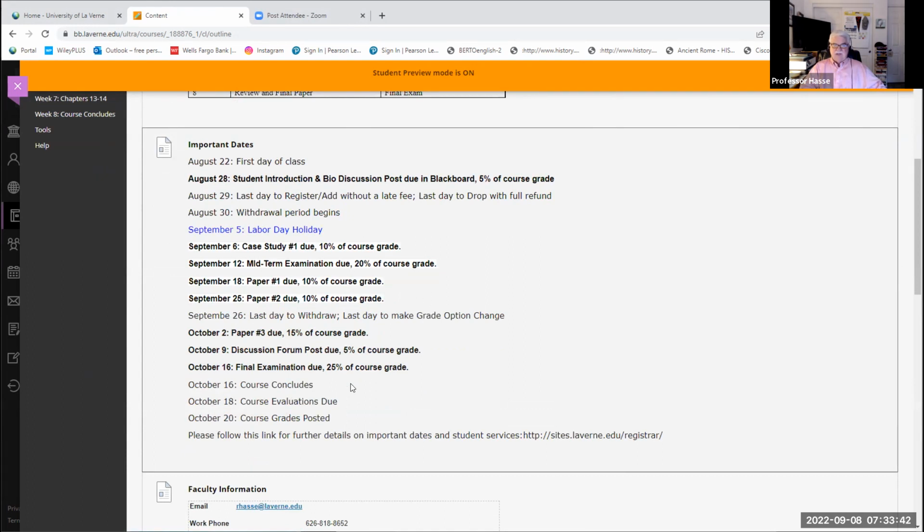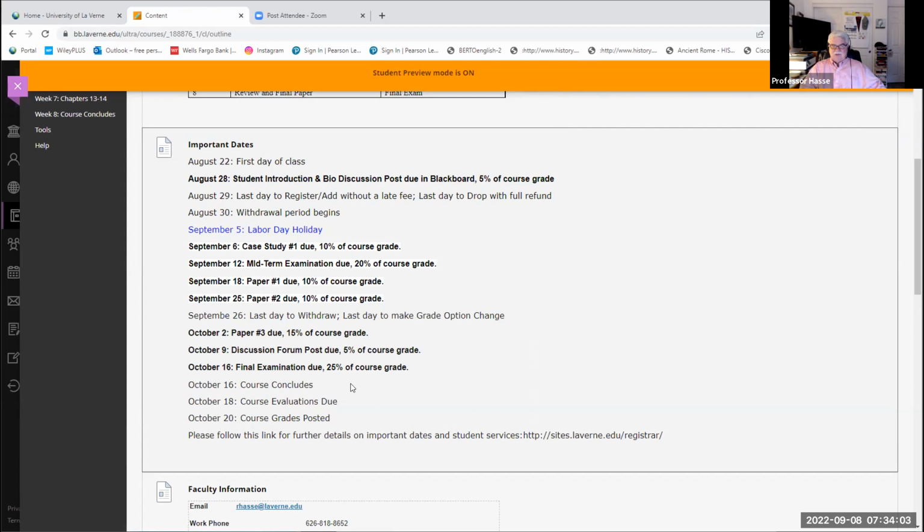Then next week we get into our series of weekly papers, 2 to 3 page papers summarizing some material that we're reviewing. So next week, paper due is September 18th. We go back to the Monday or the Sunday due dates. Then the following week, another paper is due. Then the following week, another paper is due.